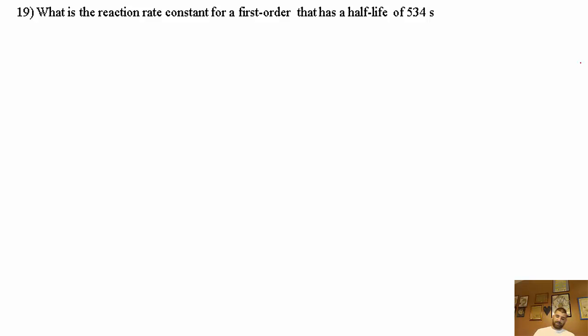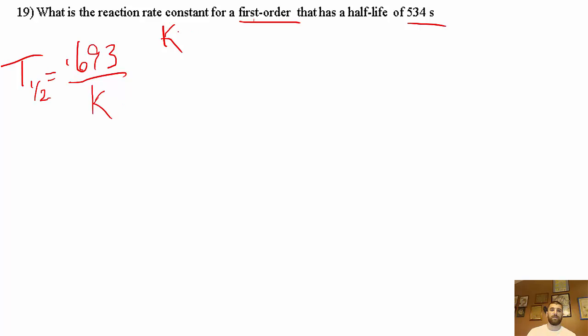19, what is the reaction rate constant? So that's k, it's asking for k. For first order, that has a half-life of 534 seconds. So we know it's first order, has a half-life of that. So again, before I told you that we can cheat and use this equation, and it wants to know k.